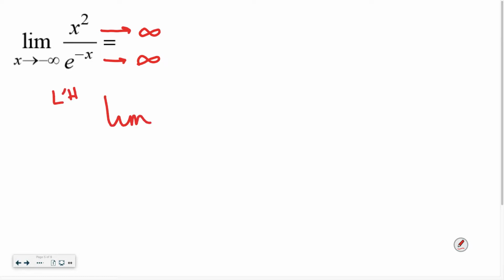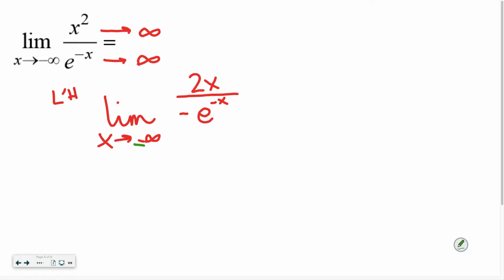So we have the limit as x approaches negative infinity. L'Hopital says take the derivative of the numerator over the derivative of the denominator. Towards negative infinity, what happens to 2x?